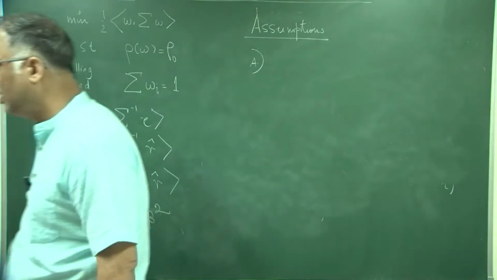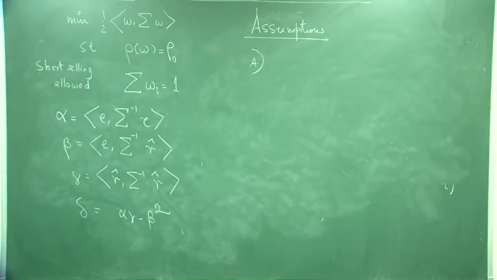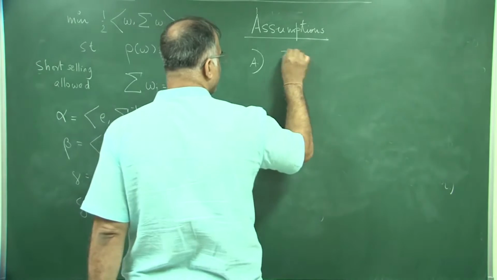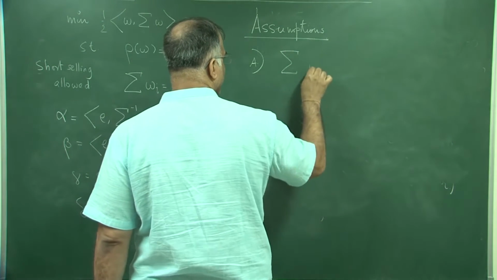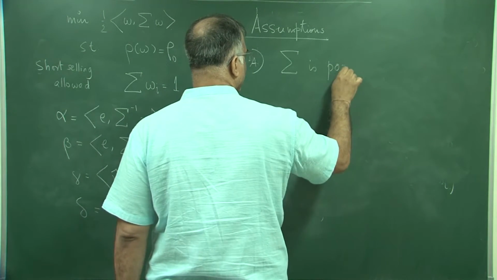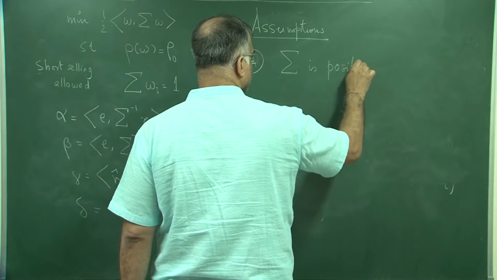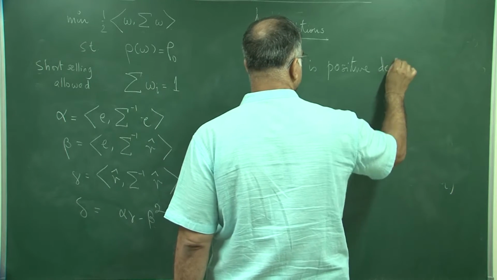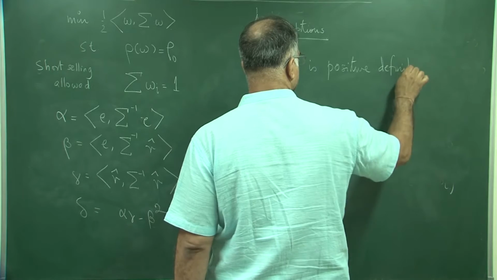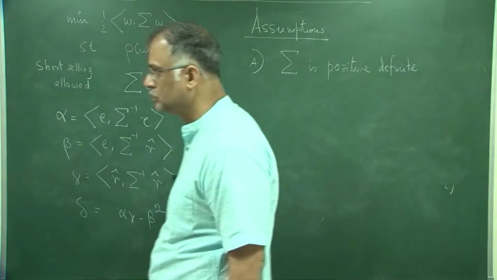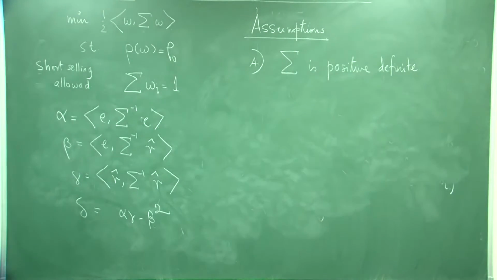Assumption A says that this matrix, the variance covariance matrix, is positive definite. The variance covariance matrix is positive definite.